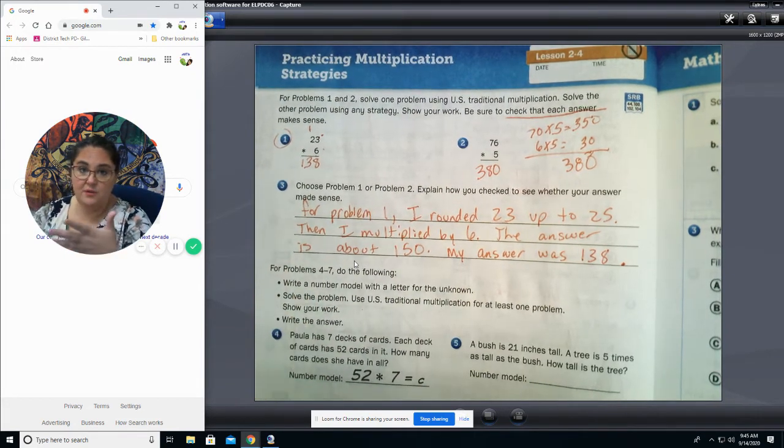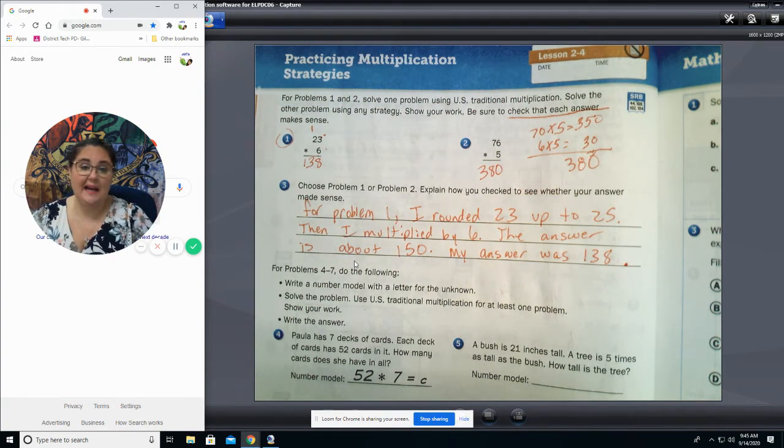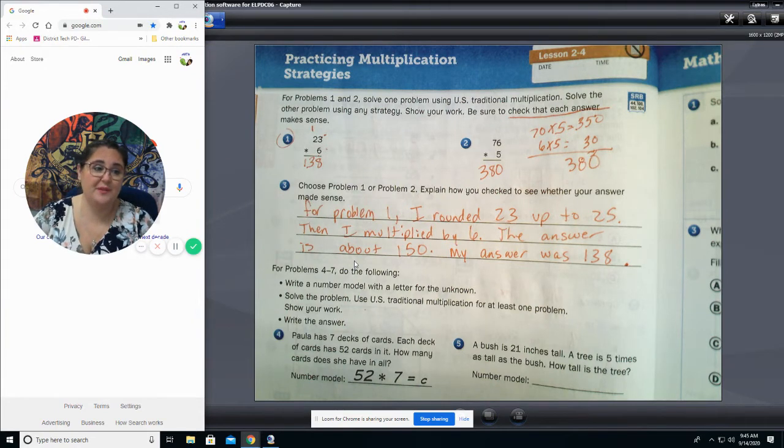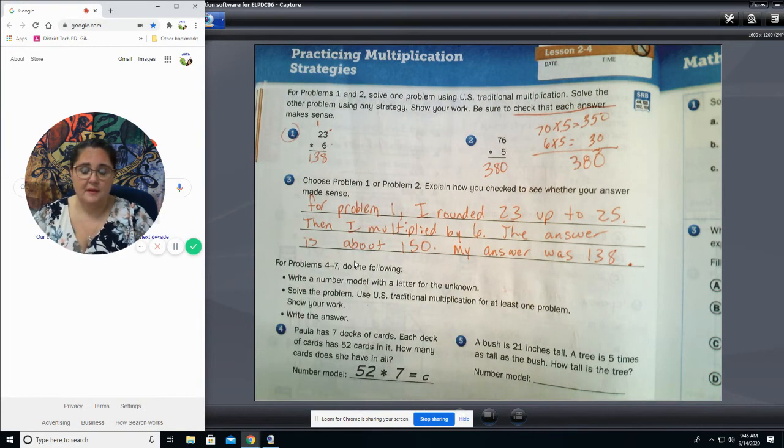To me, those are close. You also could have said I estimated the answer to be about 150, and my answer was 138. This is how I would write it. This will get you credit. It showed me your whole process, and it showed me that you were close to that answer.